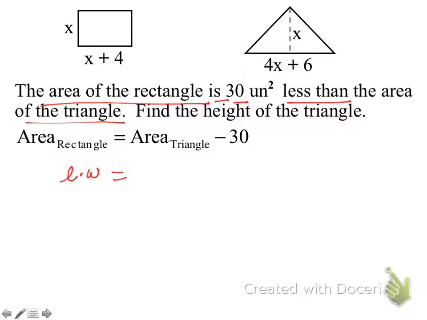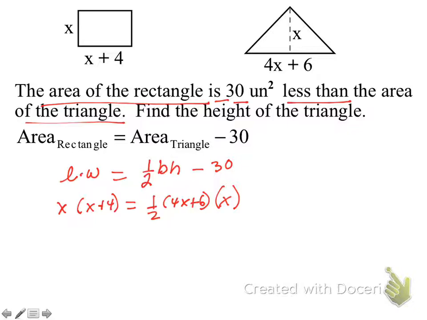Caleb? Triangle formula? Half base times height, minus 30. Now I can substitute: x times x plus 4 equals 1/2 times 4x plus 6 times the height, which is 8x.